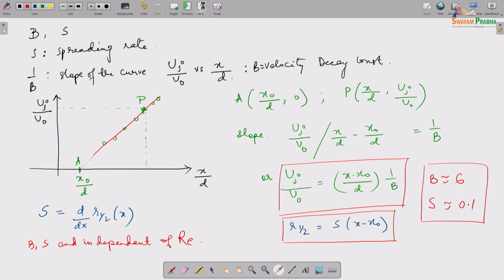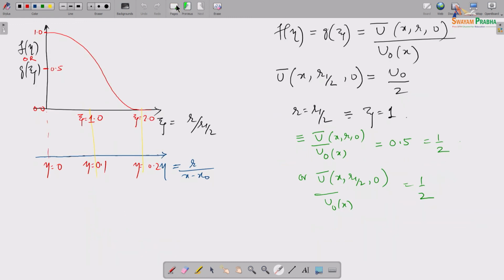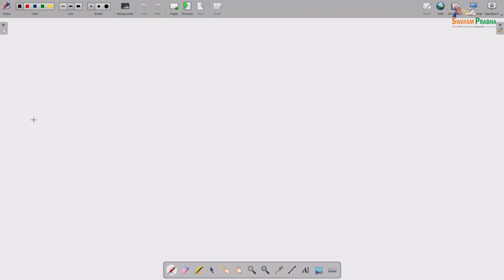Now, this is for the first jet. Here x naught by d is equal to 0.25 by 0.25, which is equal to 1.